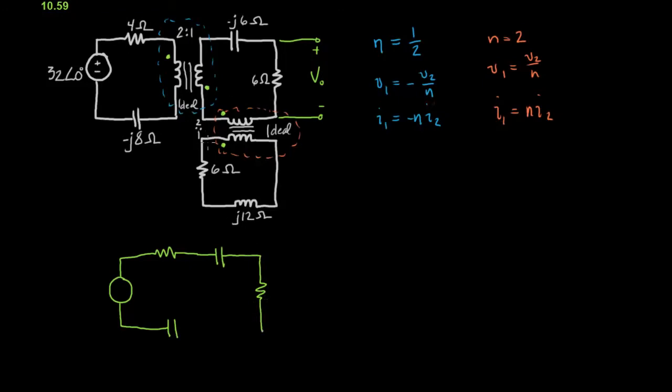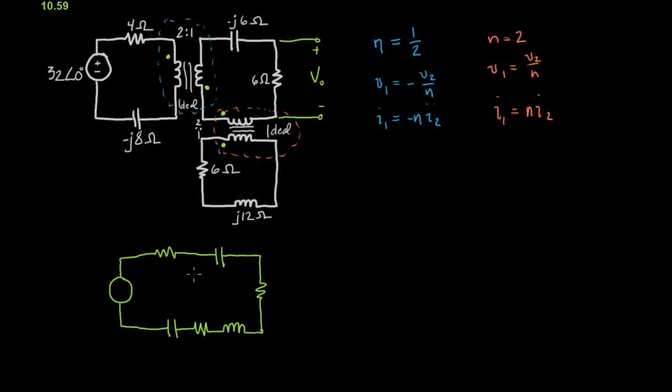Okay, and I can remove this ideal transformer altogether. And just for simplicity, I'm going to draw this like this. If that's at all confusing, convince yourself that if we just took this node and connected them, took these three and connected them, and these two and connected them, that it would look like this.